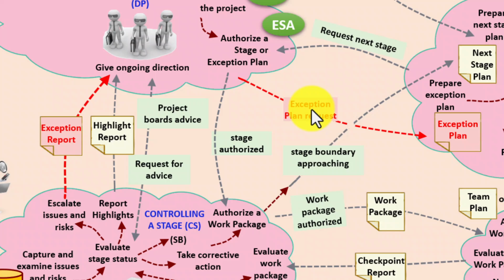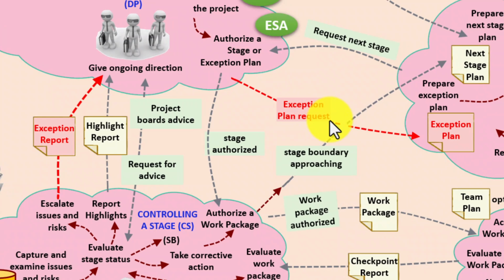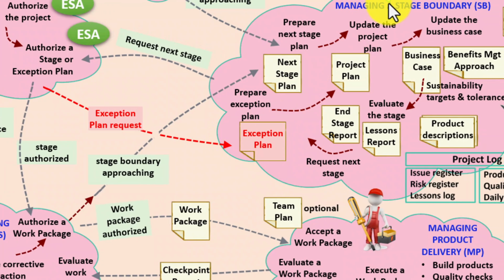Let's, however, assume they want an exception plan. As I've described, that's the project manager now triggering the managing a stage boundary process, but this time not going in through the next stage plan door, but through the exception plan door. Please notice the activity is called prepare exception plan.